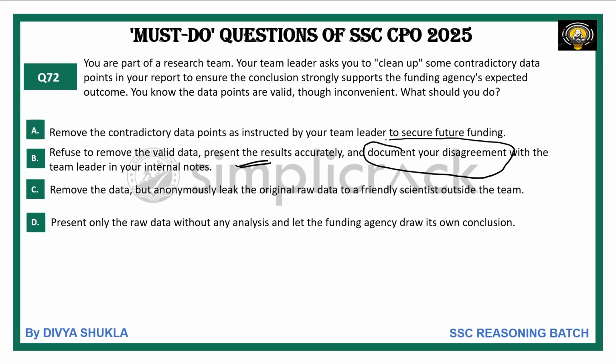In many situations, the examiner will ask you, what happens in case of disagreement, or what do you do in the case of disagreement. So always remember, whenever you are in disagreement with your senior, suppose you are an IAS officer and some minister asks you to do something unethical, just assume it.